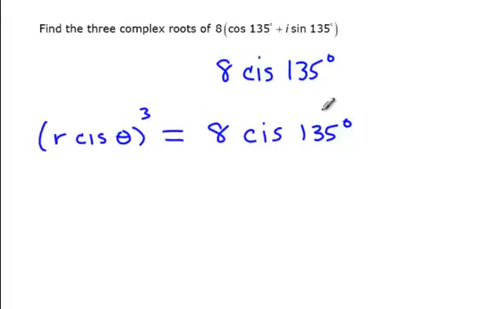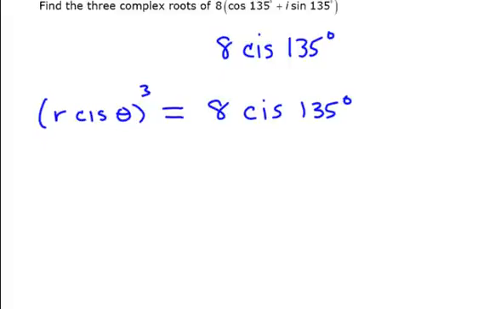We had a theorem earlier saying that since I'm dealing with cube roots, I know there are three distinct answers. So find the values such that if I cube them, I get 8 cis 135.